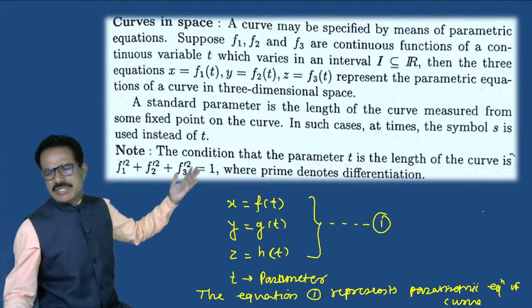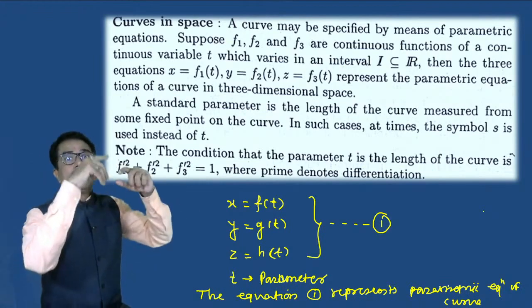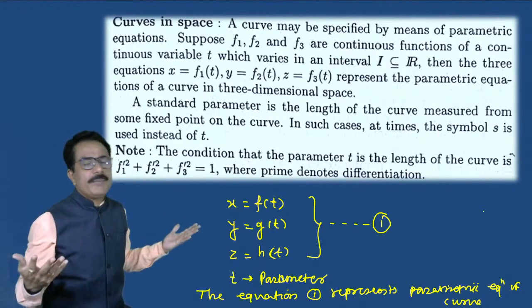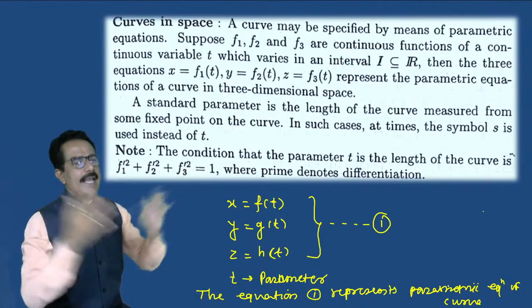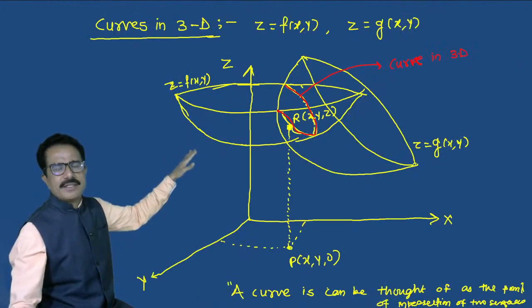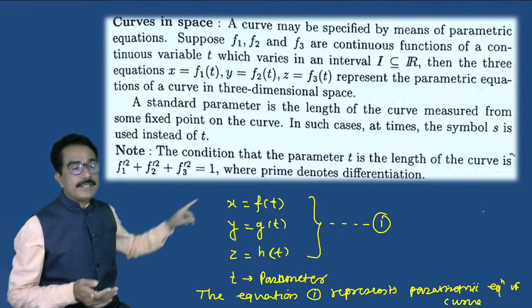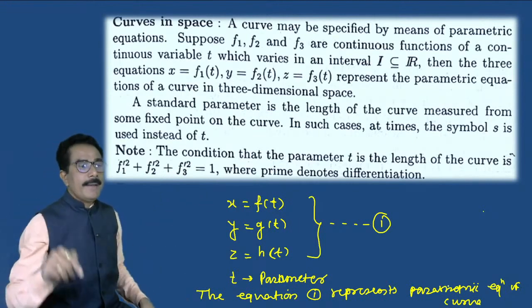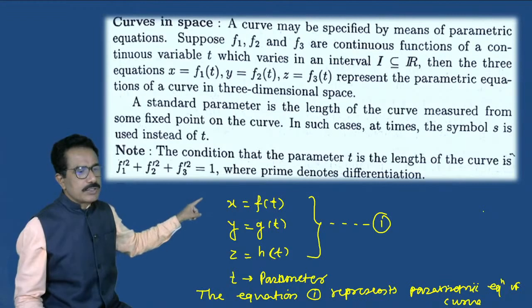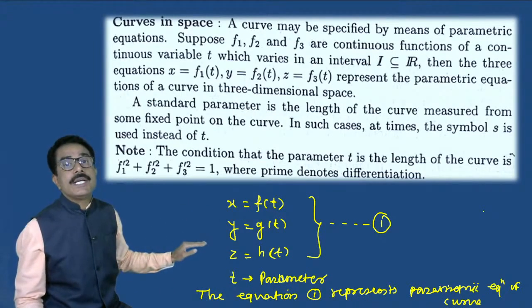Means we can use different methodology to represent a curve in three-dimensional geometry. In space means in three-dimensional geometry. But this is the equation in terms of parametric form. x is equal to f of t, y is equal to g of t, z is equal to h of t.